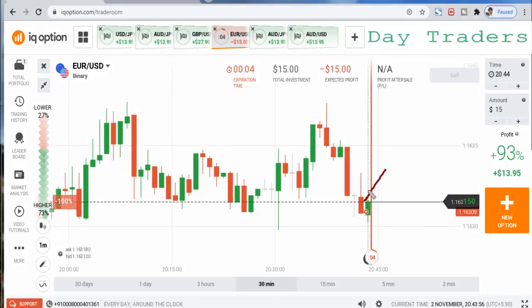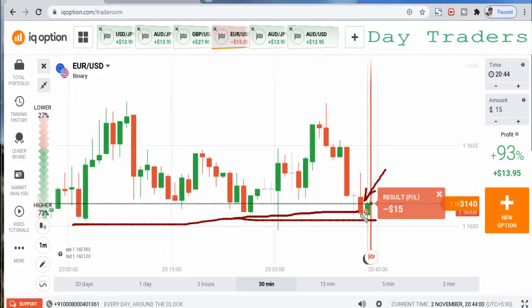Okay, this is a very strong selling rejection, but the single candle did not break this level, very strong support level.